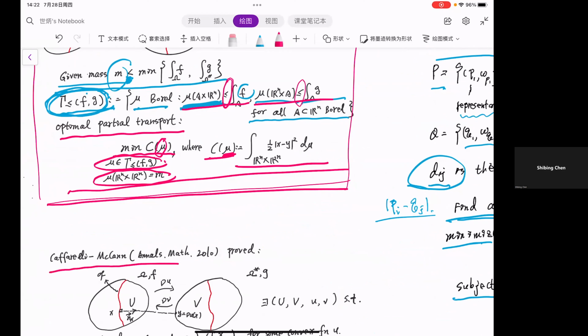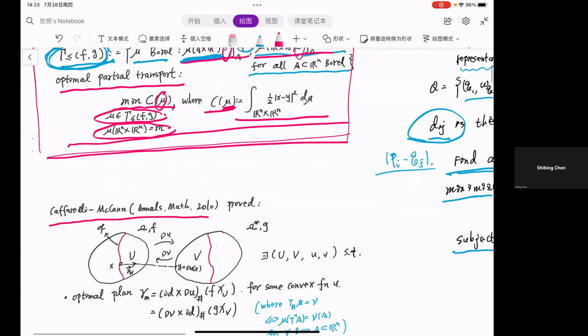They proved the existence of a solution of this optimal partial transport problem.